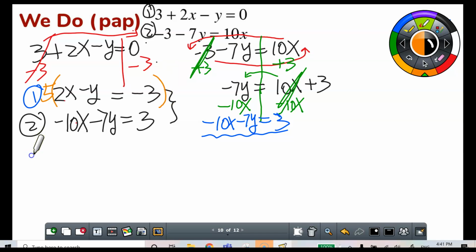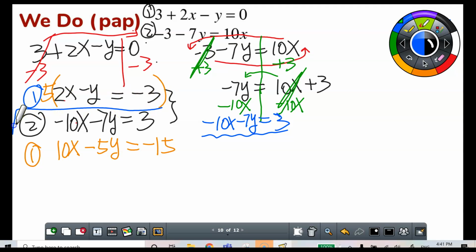Okay? And your real first equation after multiplying by 5 is 10x minus 5y equals -15. So this is your real problem. Okay, so now you have the two equations you can use.